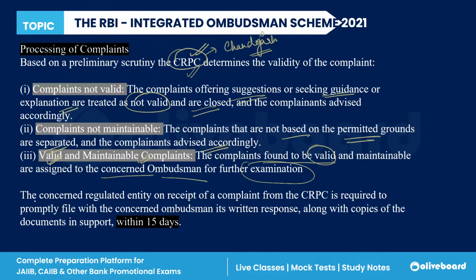The regulated entity, on receiving the complaint from CRPC, is required to file its response with the concerned ombudsman along with copies of documents within 15 days of receiving the complaint.